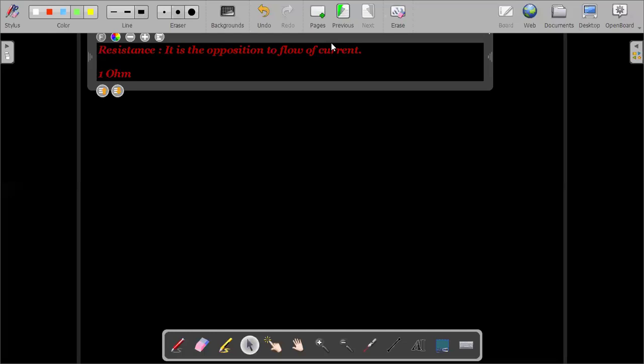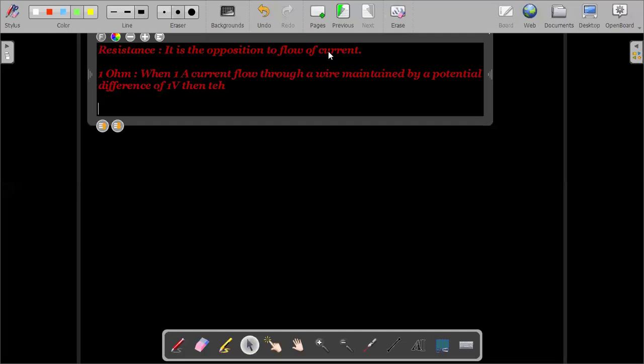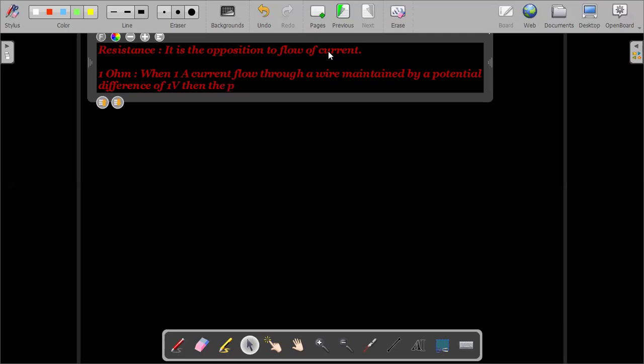So 1 ohm is when 1 ampere current flows through a wire maintained by a potential difference of 1 volt, then the potential difference is said to be 1 volt.